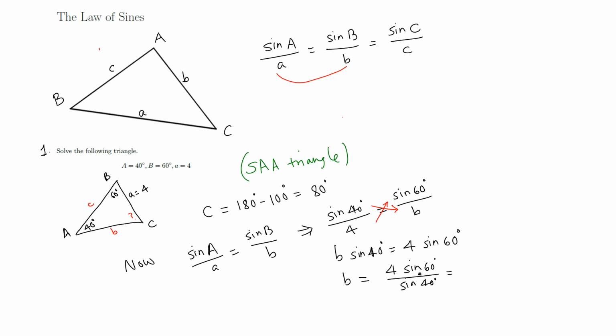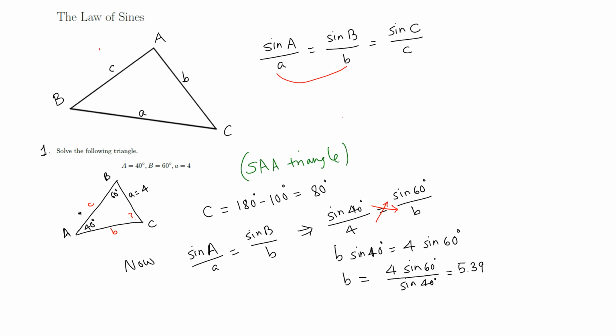Now we can use our calculator. Just enter 4 times sine 60 over sine 40 degrees. Make sure the mode in your calculator is in degrees. Then we get 5.39, rounding to 2 decimal places.